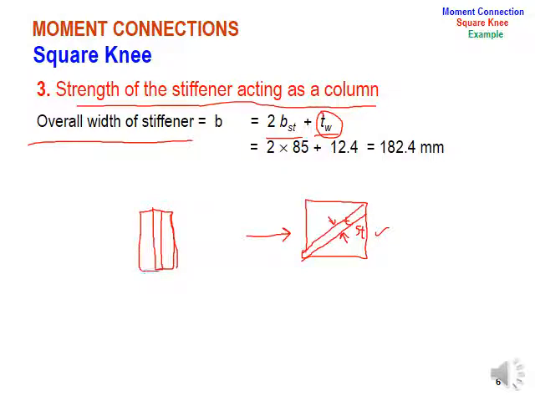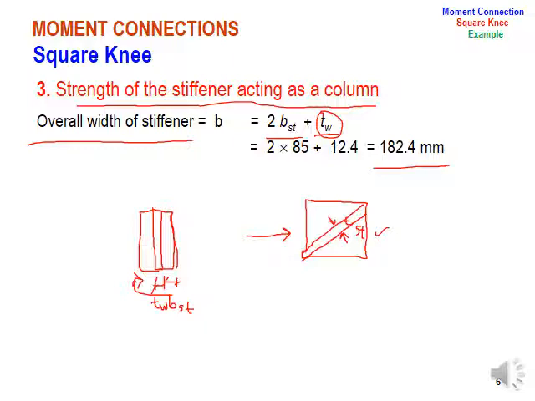In the side view, the dimension of the stiffener will be BST on both sides, because two stiffeners we have provided. So BST plus TW and plus again BST this way. So it will be 2 BST plus TW, the thickness of the web of the beam in between. So it will be 182.4 millimeter.